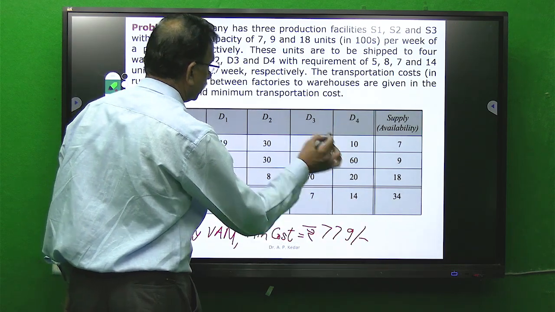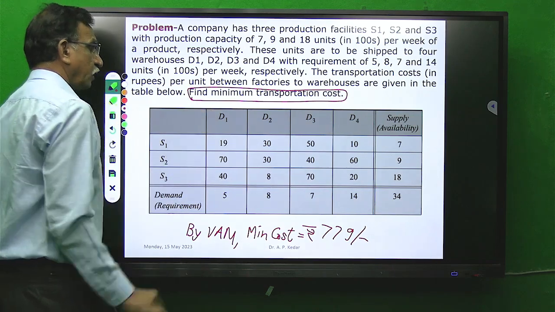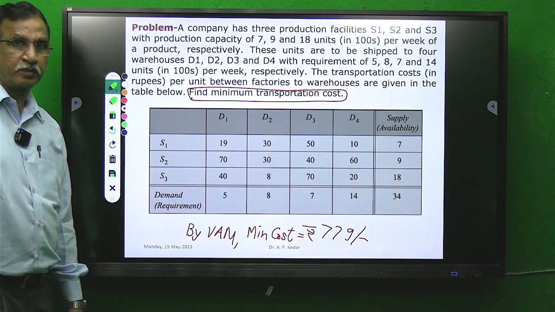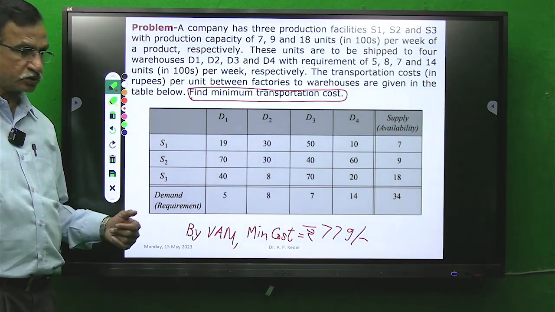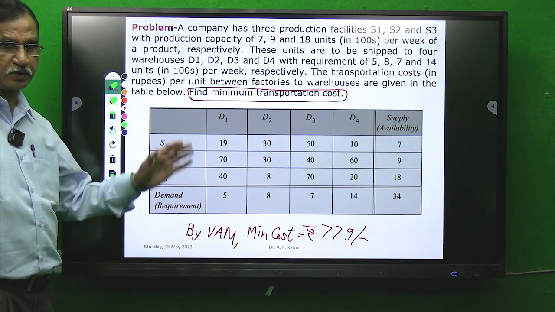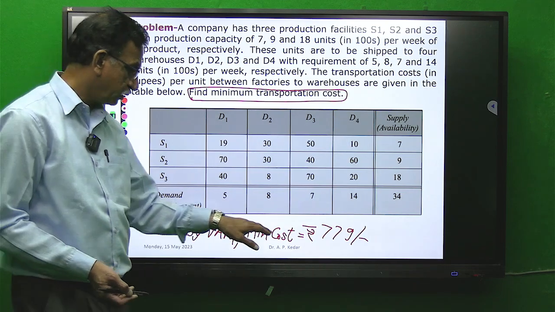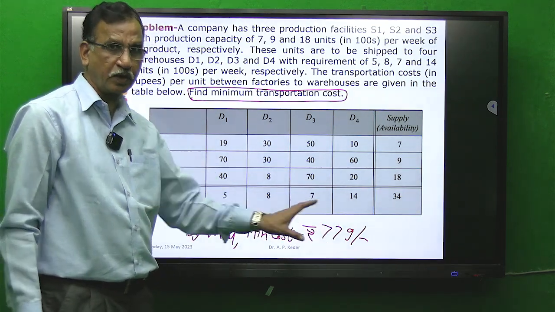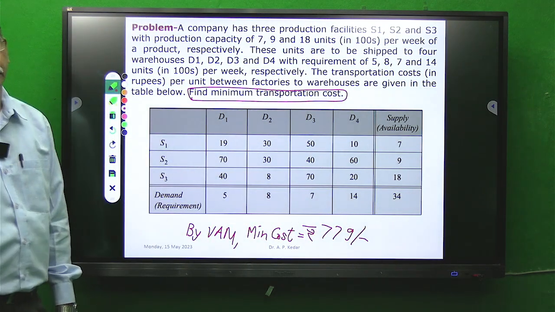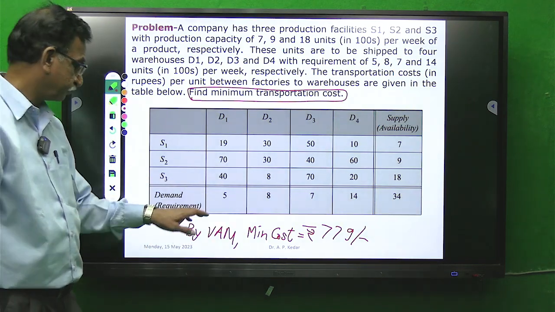And here the objective function is to find the minimum transportation cost. So students, we have done some part of this problem already while explaining the steps. Now we will go ahead. Ahead means we will go ahead of this 779, whatever solution we got. We will now be optimizing this particular solution.